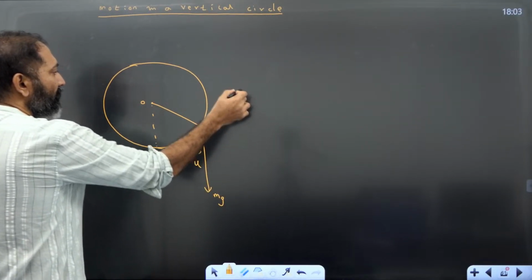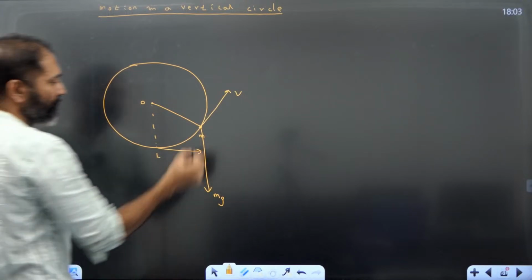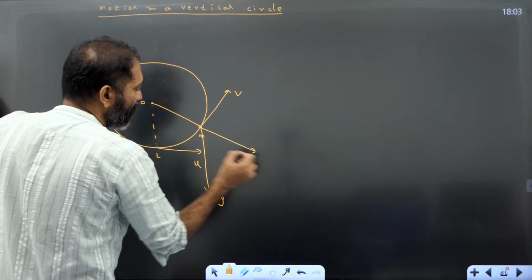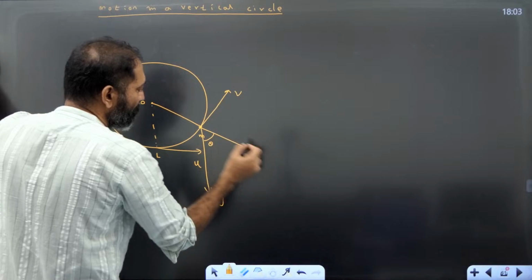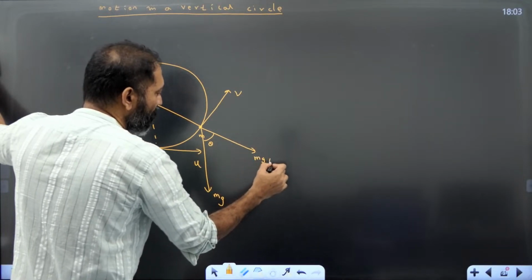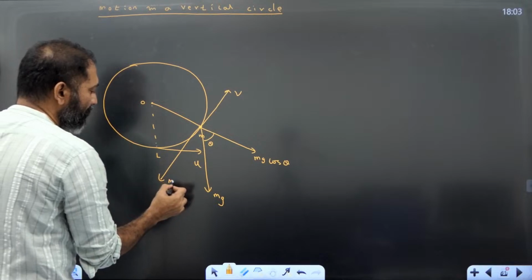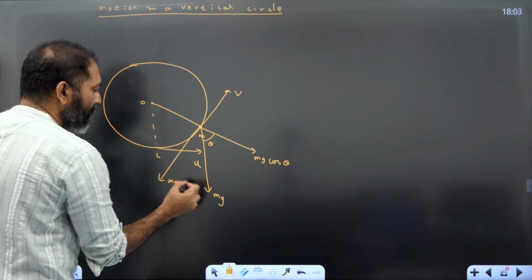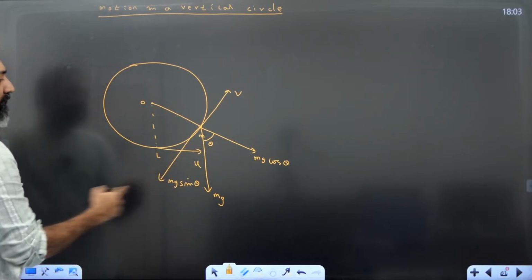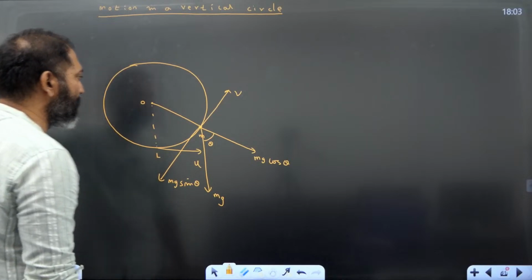Velocity at this point will be along the tangent in this direction. Suppose weight is at an angle theta with the horizontal. So this will be mg cos theta, and this will be mg sin theta. I am resolving weight into two rectangular components mg cos theta and mg sin theta.